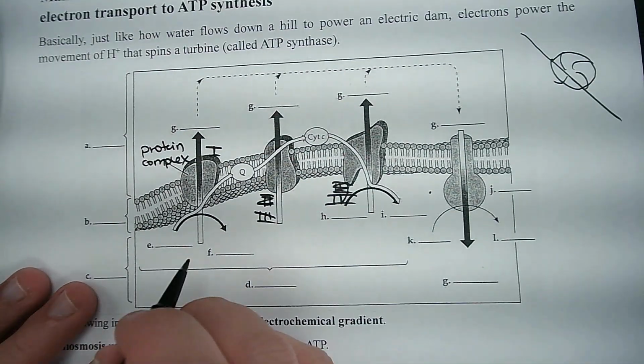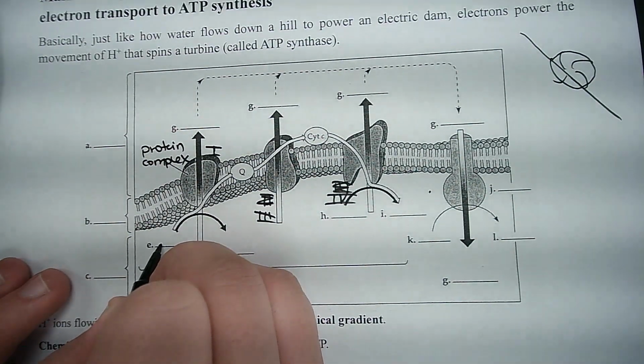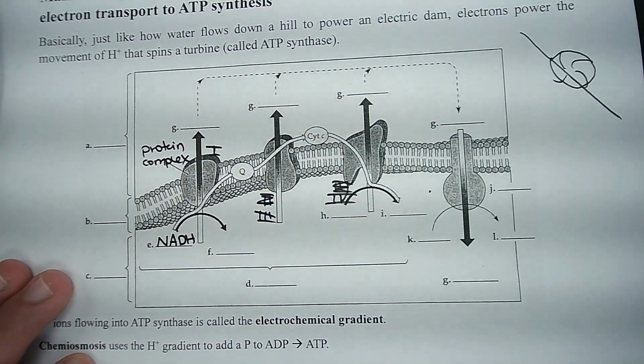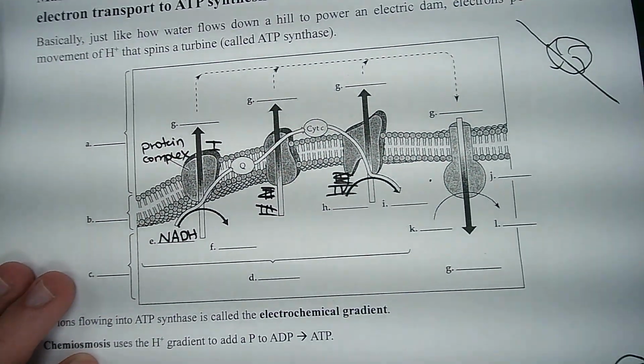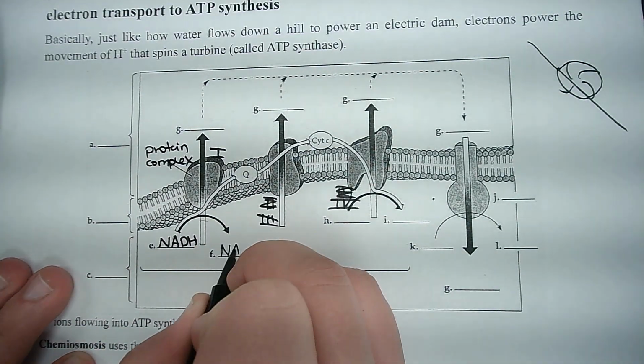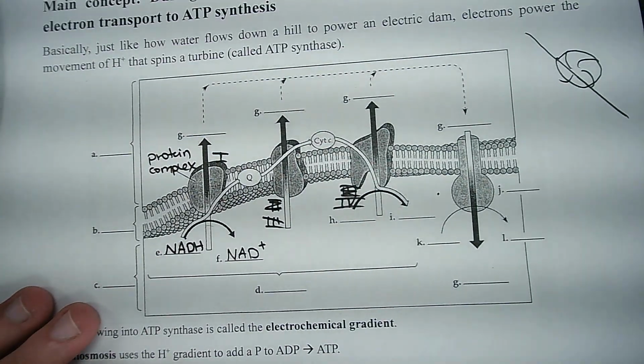Okay. And so first of all, electrons are going to be transported from NADH. Remember, those come from the earlier processes, glycolysis and the citric acid cycle. It donates electrons and becomes NAD plus again. So the battery is all used up.